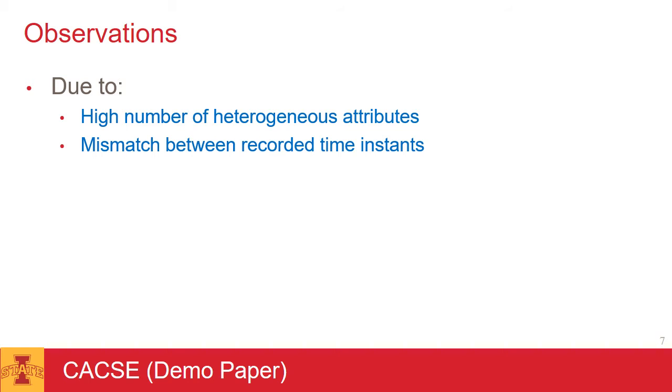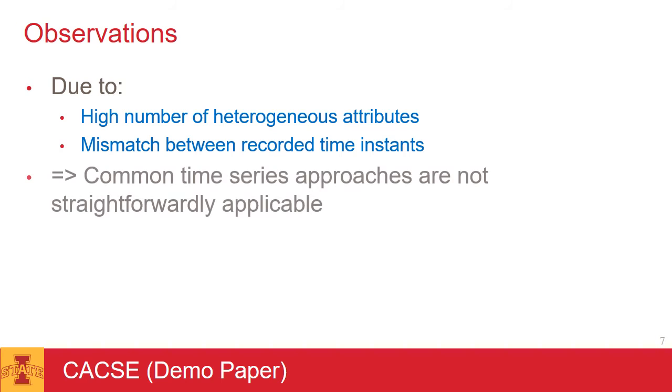The data generated from different simulations within the dataset not only has a big number of heterogeneous attributes, but there is also a mismatch between the recorded time instances. That's a consequence of the way the astrophysics simulations are designed.